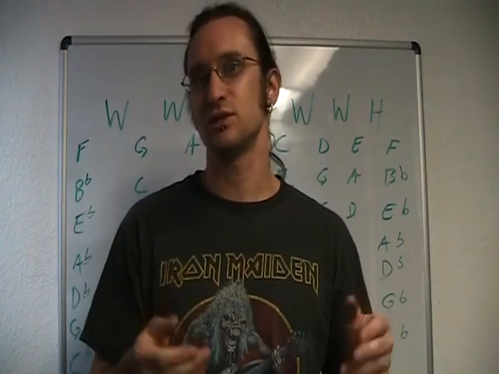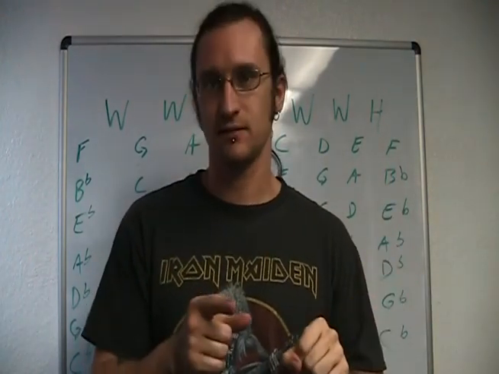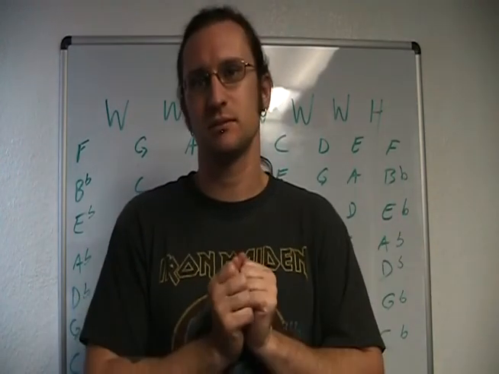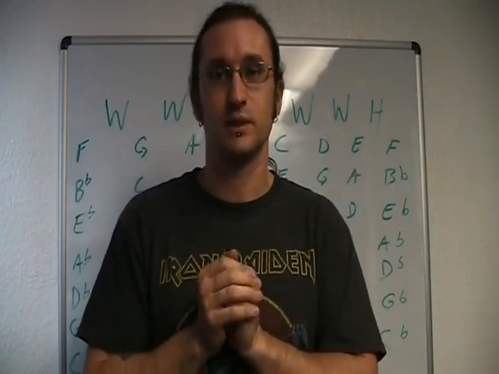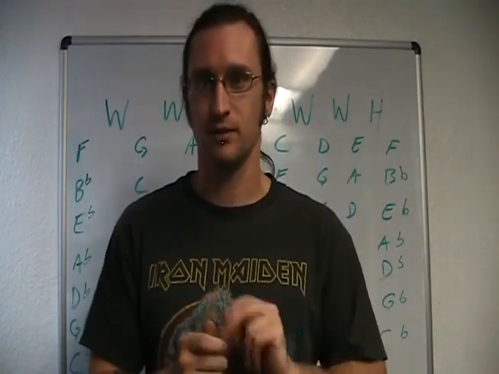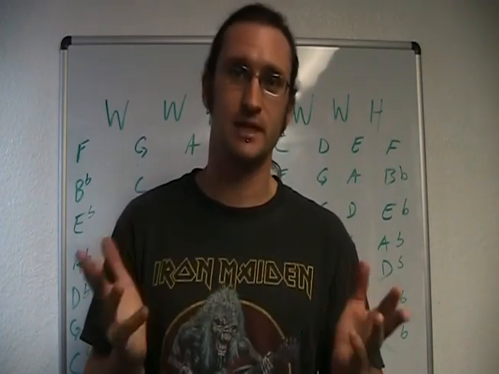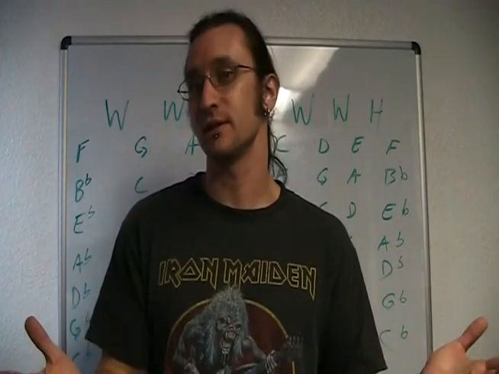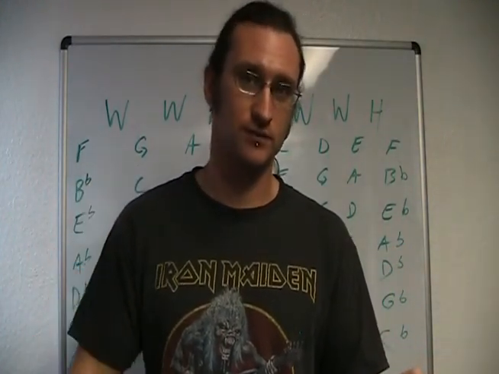Another way to think of it is you've got 2 wholes, then a half, 3 wholes, then a half. If you remember 2 whole steps, 3 whole steps, well, what comes after the 2 whole steps? A half. What comes after the 3 whole steps? Another half. That's your major scale formula. And you start that anywhere on your fretboard, you've got a major scale, and you've got all 7 notes that make up that key.